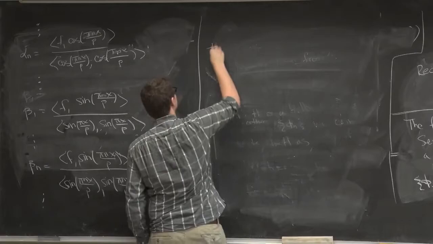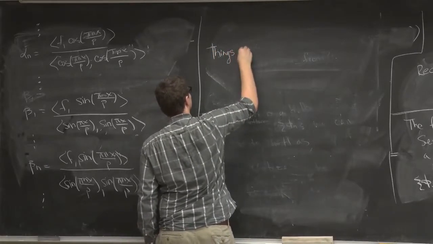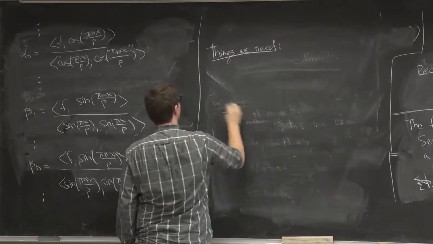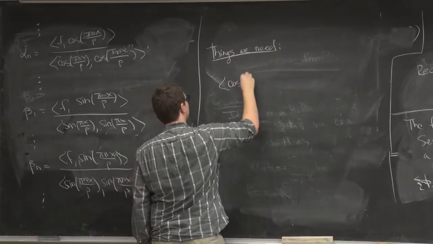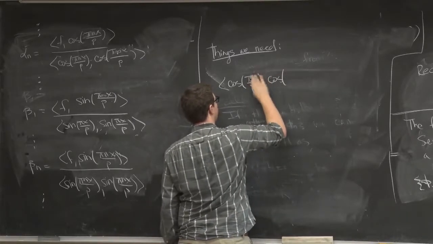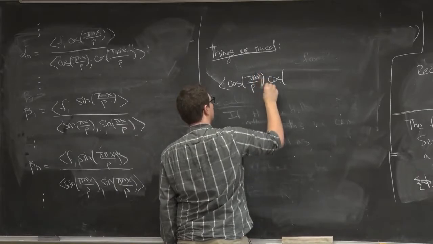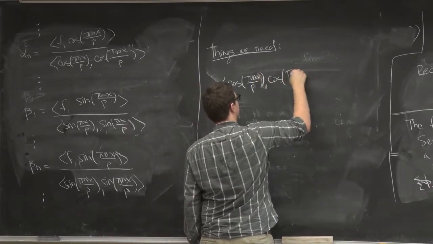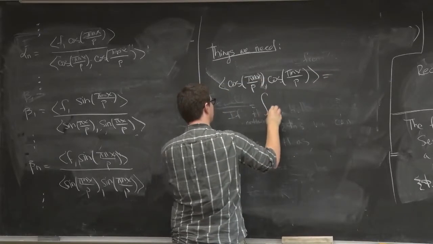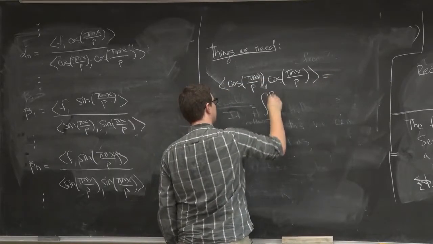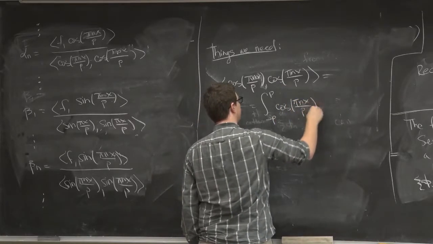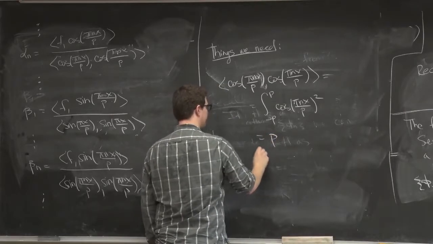So things we need. Cosine pi n x over p. So this thing here is the integral from minus p to p of cosine pi n x over p squared, and this is equal to p.